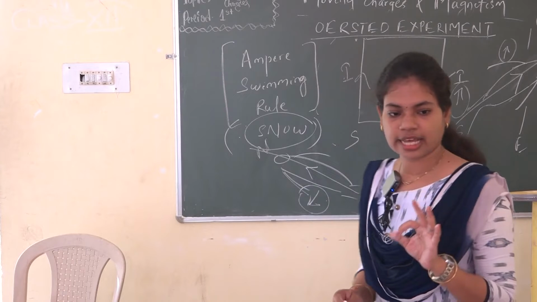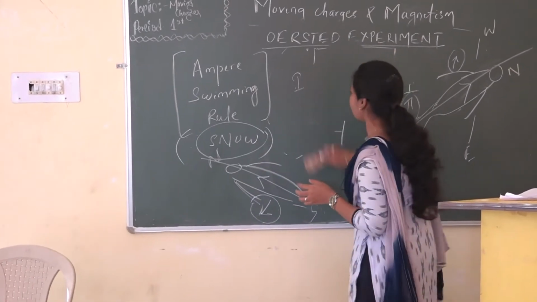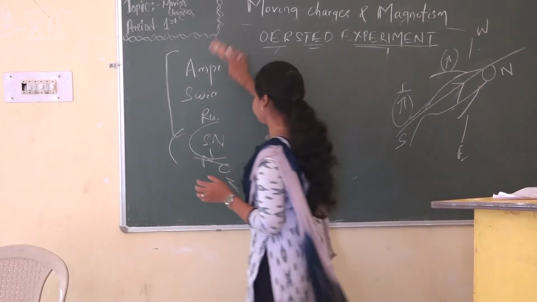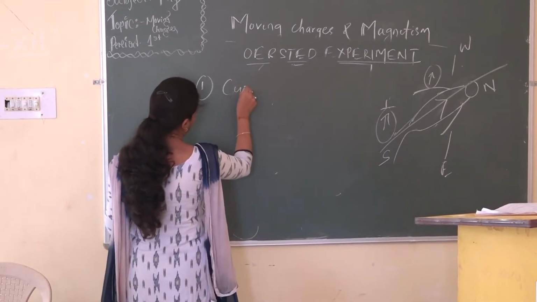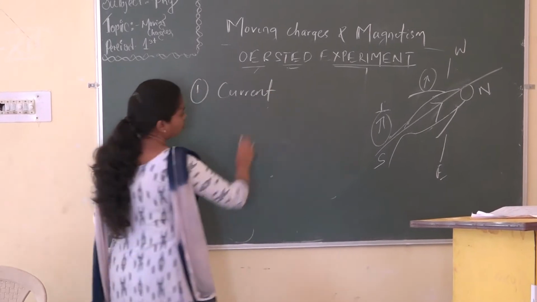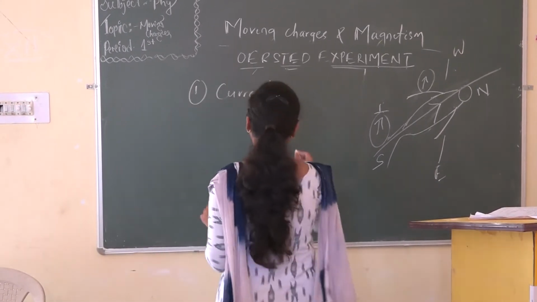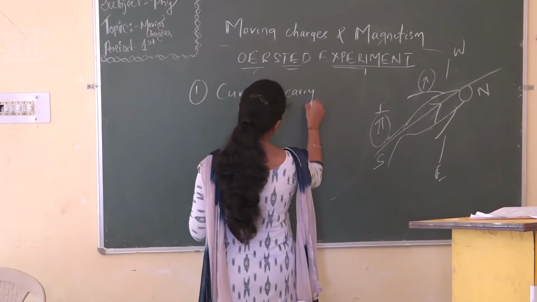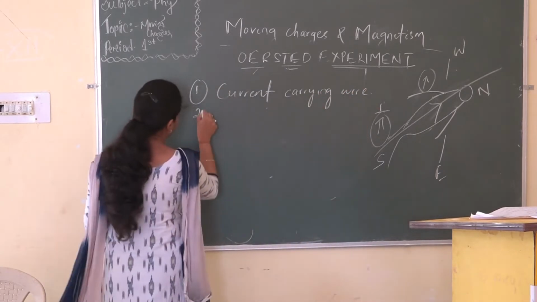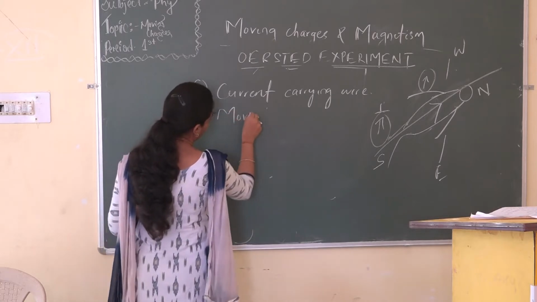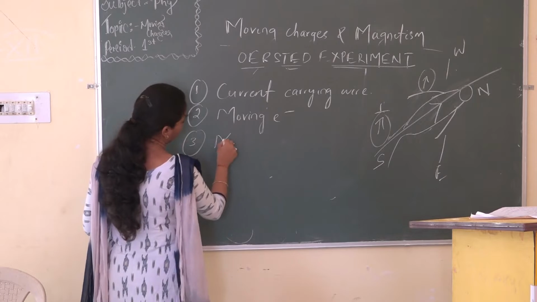The three types of substance: first of all, a current carrying wire. Another is a moving electron. And the third one is moving charges.